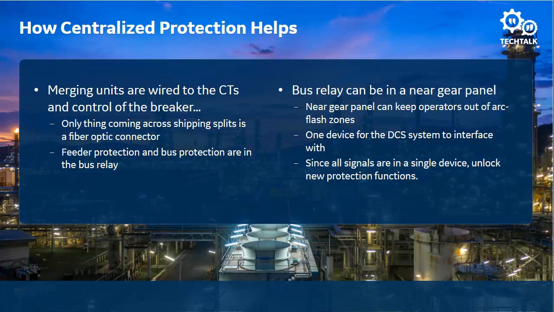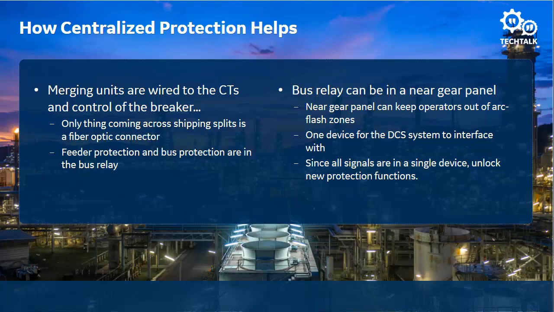The other thing is that since the feeder protection as well as the bus protection are in that B30, that cleans up my complete protection and control solution. Also, since I don't have discrete relays in each compartment, I'll only have that single B30, and that B30 has everything wired to it.